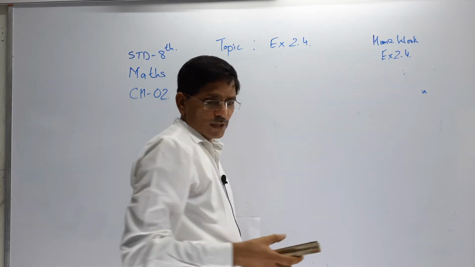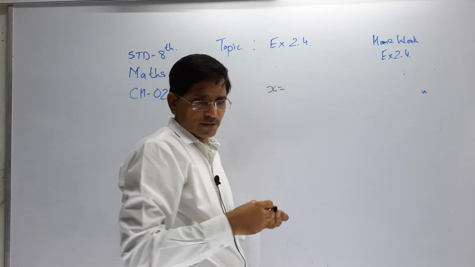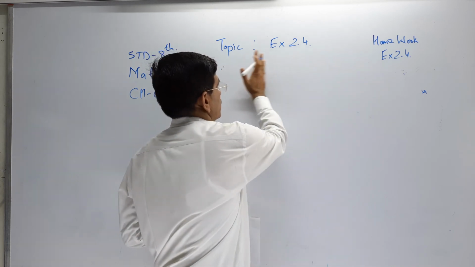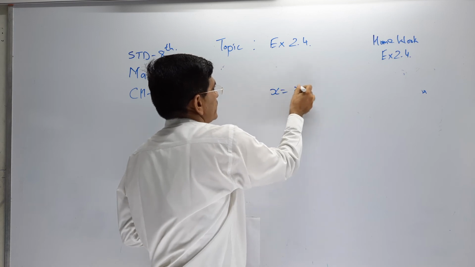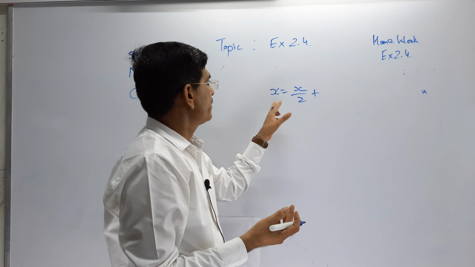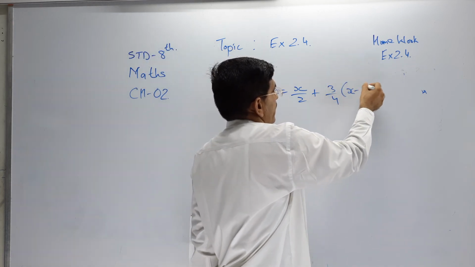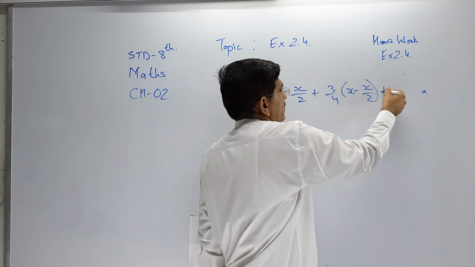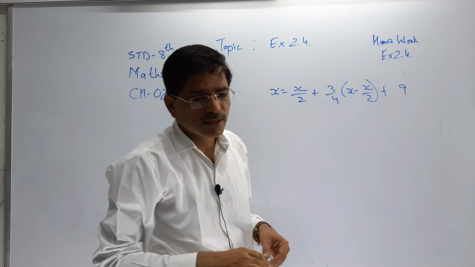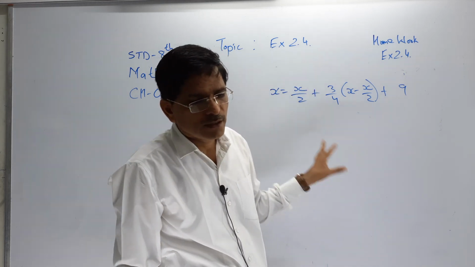So total deer I have to take as x, half of it is x by 2, and the remaining is x minus x by 2, 3/4 of x minus x by 2 are playing, and the others remaining in the ground, 9, are drinking water from the pond. Find the number.